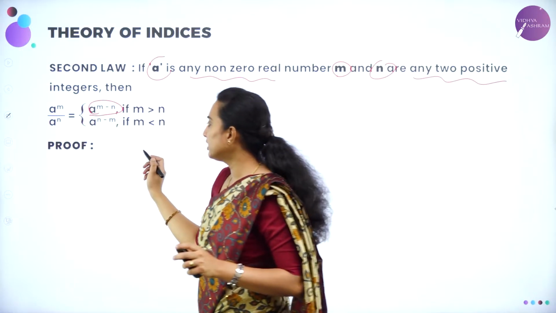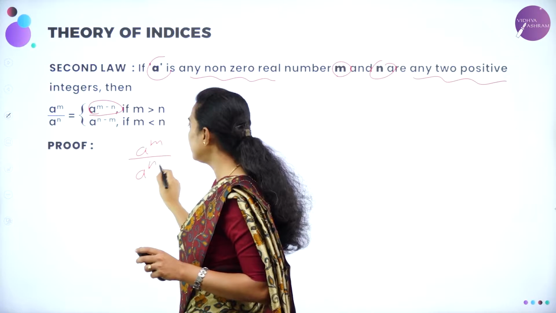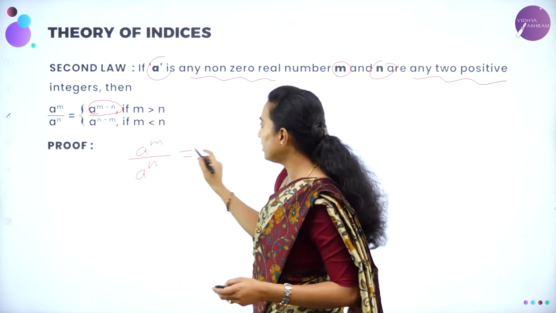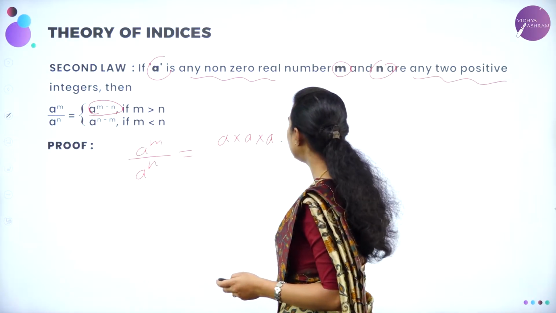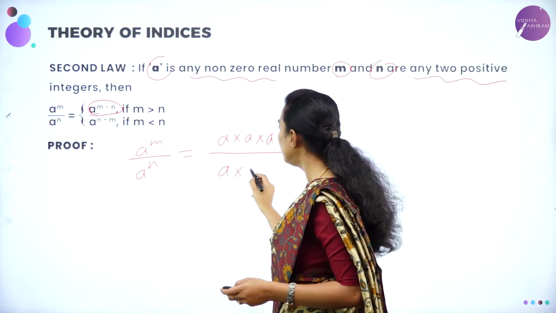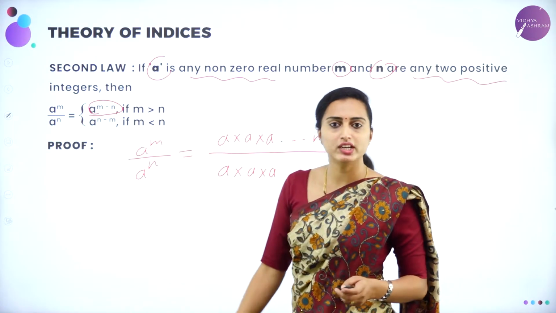I am going to take the left hand side, that is a power m divided by a power n. That means how are we going to prove that? How can we write this? A into a up to m number of terms divided by a into a up to n number of terms, isn't it?